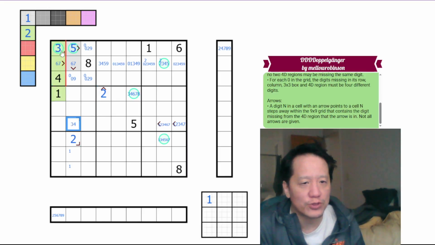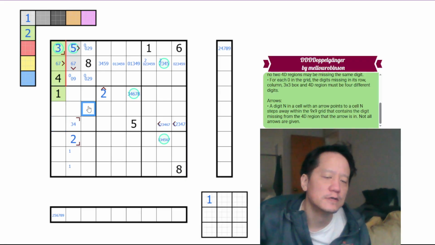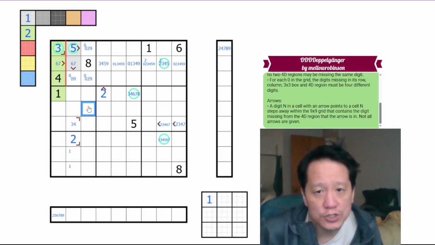And it can't be 3 or 4. So it can't go to here, can't go to here. It has to either exit out here, or just basically be 6 here, right? 6 here or 6 this way. But it must enter one of these at least. We don't know which.